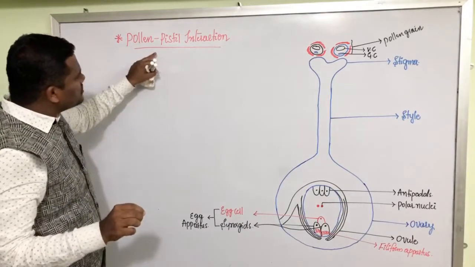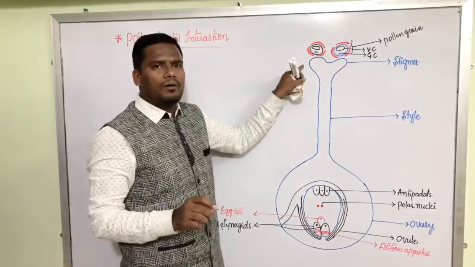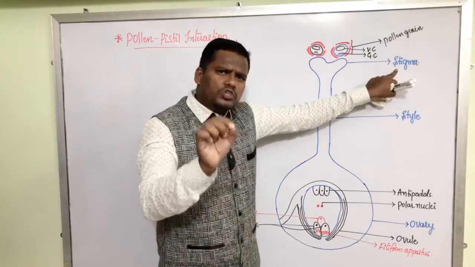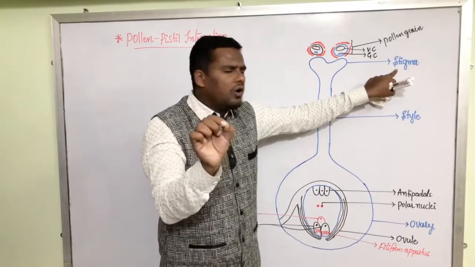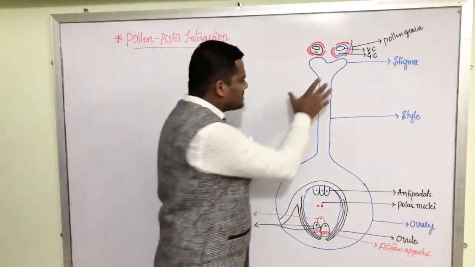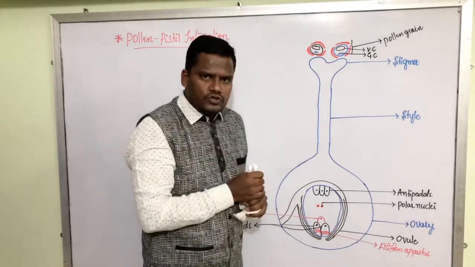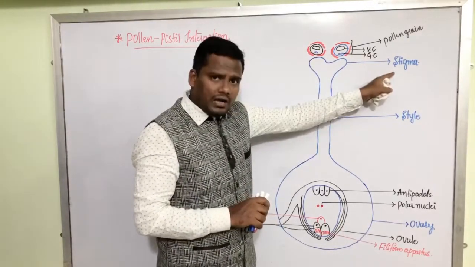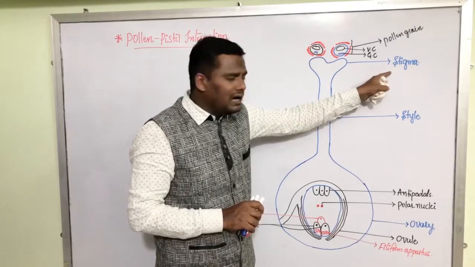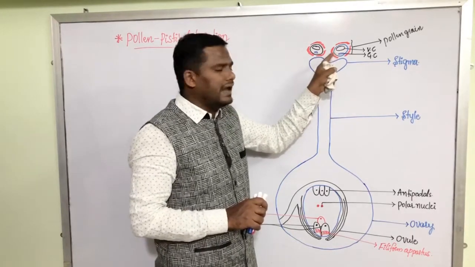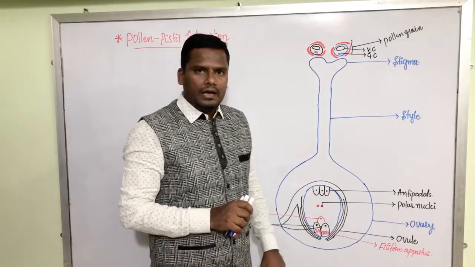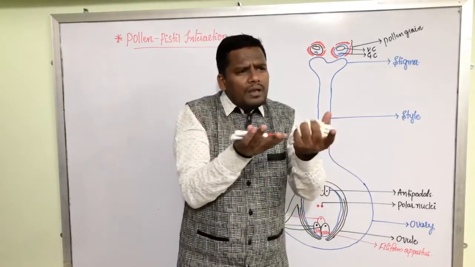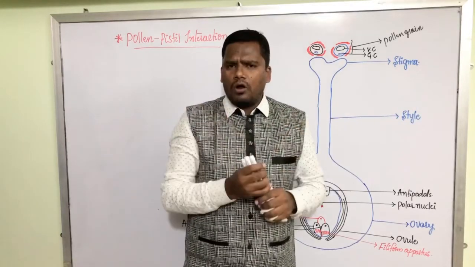Pistil in this concept refers to the stigma, because stigma is the most important part of the gynoecium, and this single individual unit of the gynoecium is collectively called the pistil. And the stigma, being the most important part, receives the pollen grains after pollination. In nature, there are so many pollen grains released in the environment.